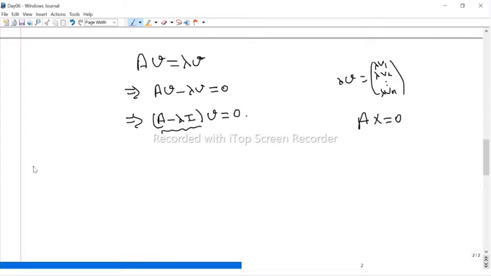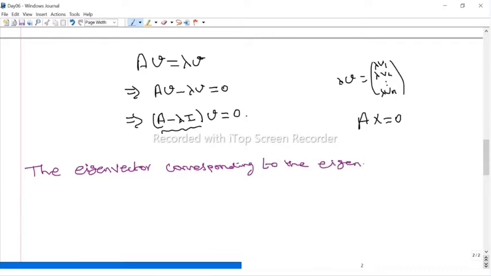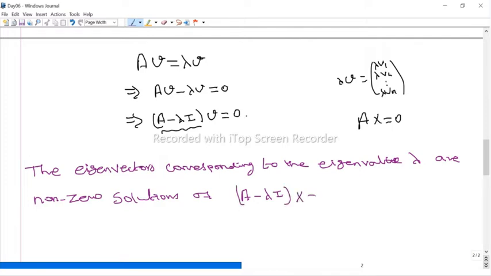So maybe another way you can define it: the eigenvectors corresponding to the eigenvalue lambda are the non-zero solutions of the system of equations A minus lambda I times x equal to 0.